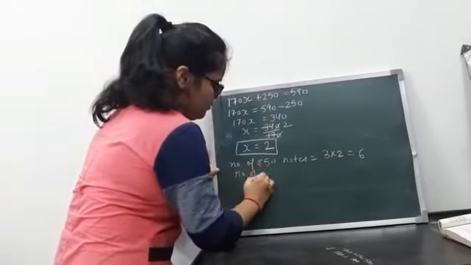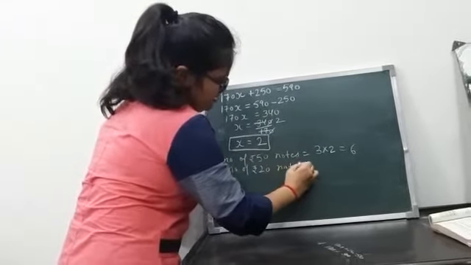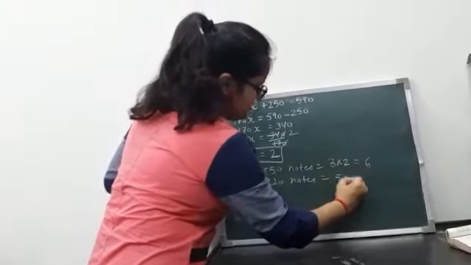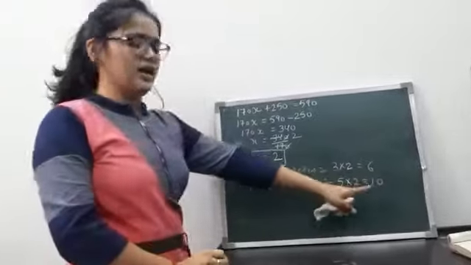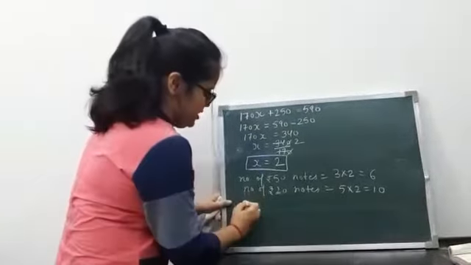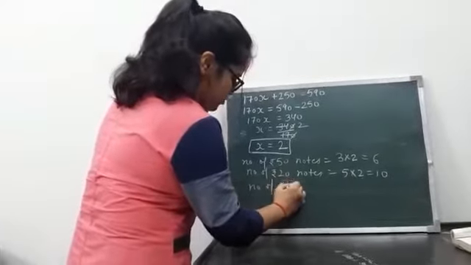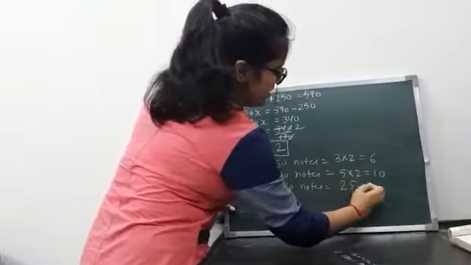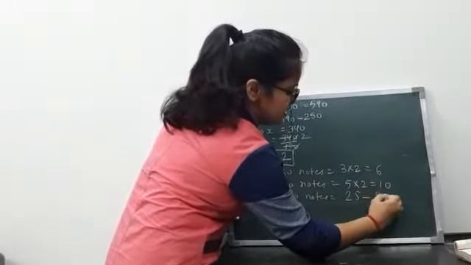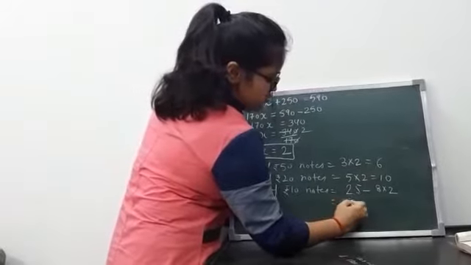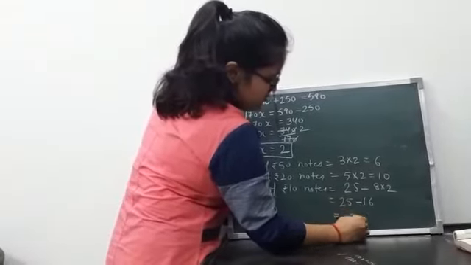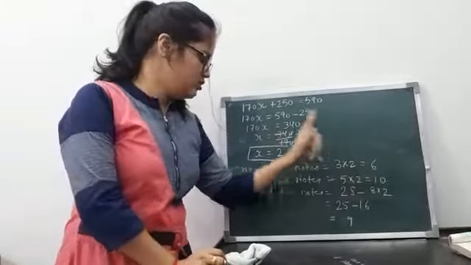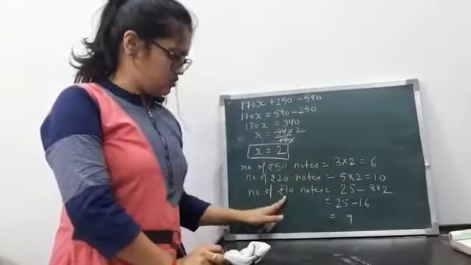Now the number of 20 rupee notes: you considered it to be 5x. That means 5 2s are 10. There are 10 notes of 20 rupees. And the number of 10 rupee notes was 25 minus 8x. 8x means 8 multiplied by 2, so 25 minus 16, and 25 minus 16 is 9. So she has 6 notes of 50 rupees, 10 notes of 20 rupees and 9 notes of 10 rupees.